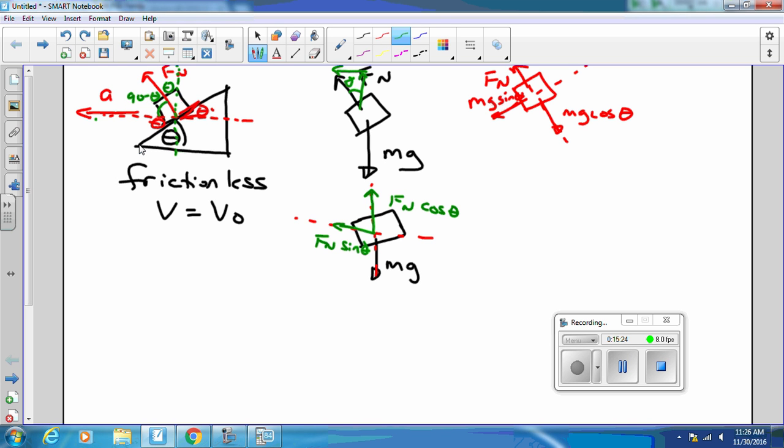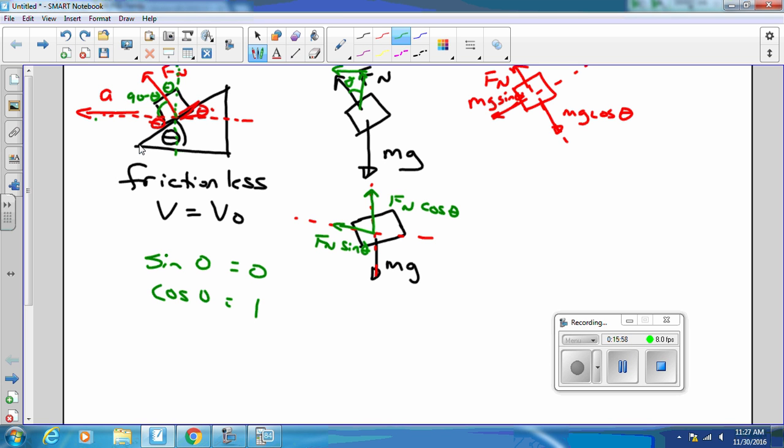One of our trig functions has a value of 0 when theta is 0, and that's sine. So sine of 0 is 0 and cosine of 0 is 1, which means that when theta is 0, I should get all of Fn this way and 0 Fn that way. That check works so well that sometimes I just cheat and use it to figure out which one is sine and which is cosine without chasing any angles.